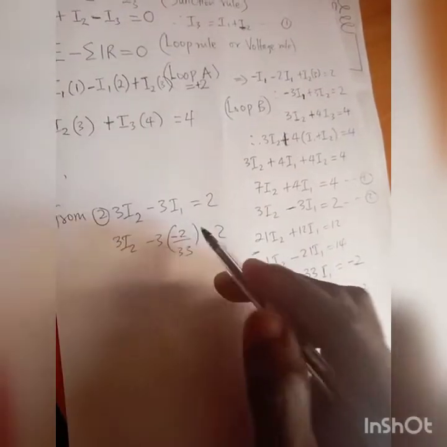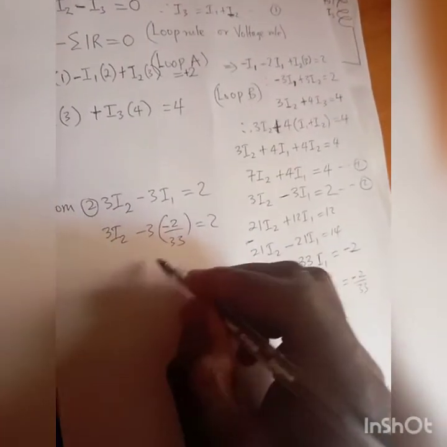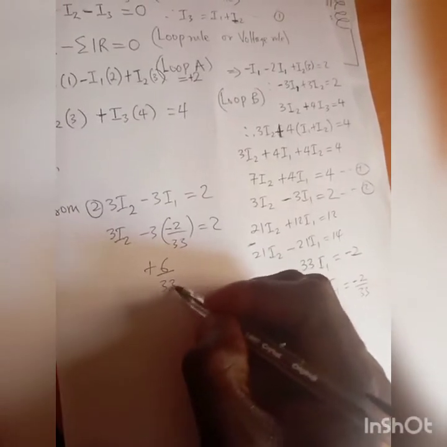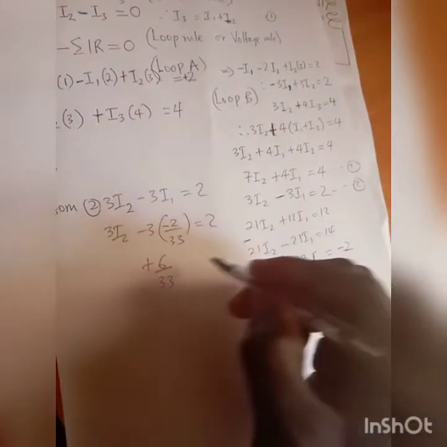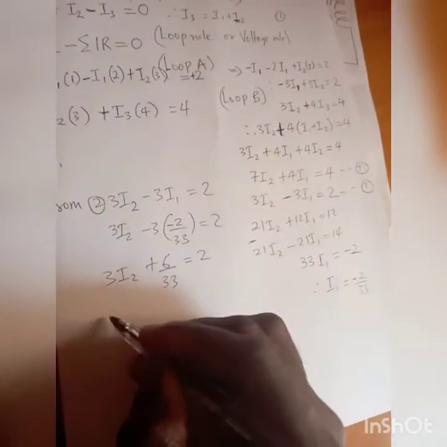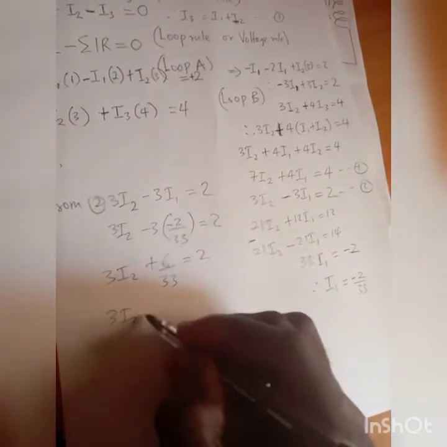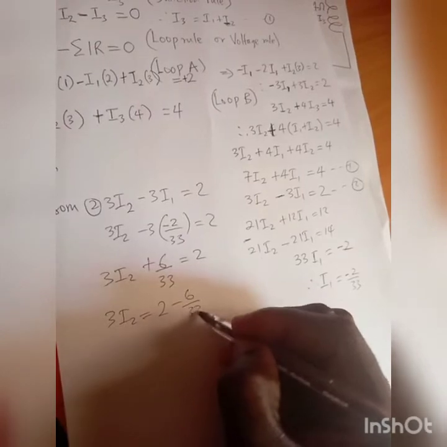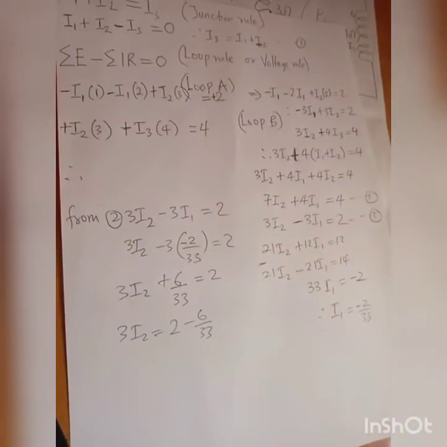That will be giving you plus 6 over 3, equal to 2. 3I2 equal to this. Then 3I2 equals to 2 minus 6 over 3. Okay?